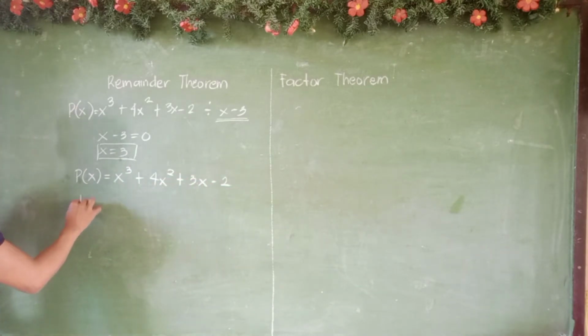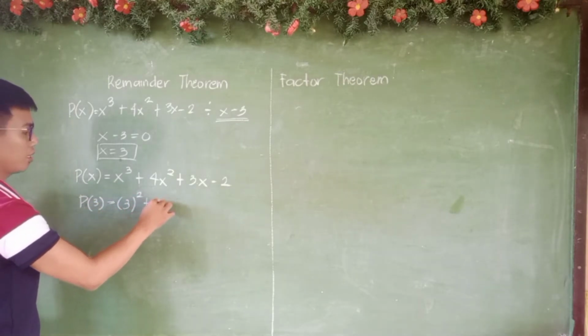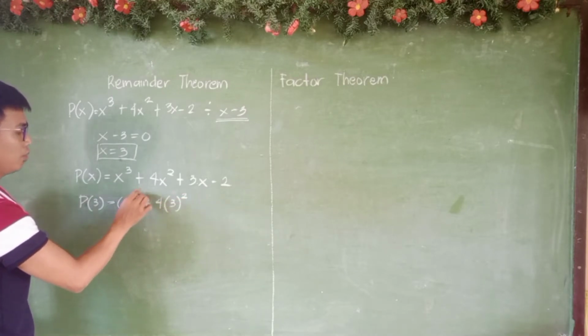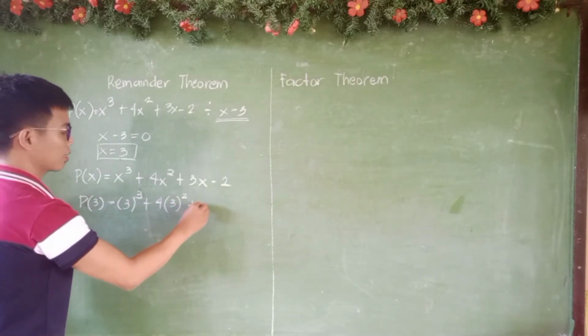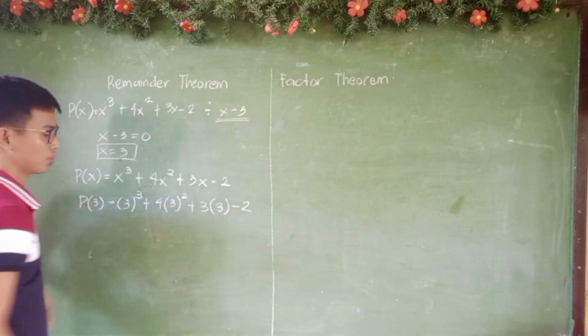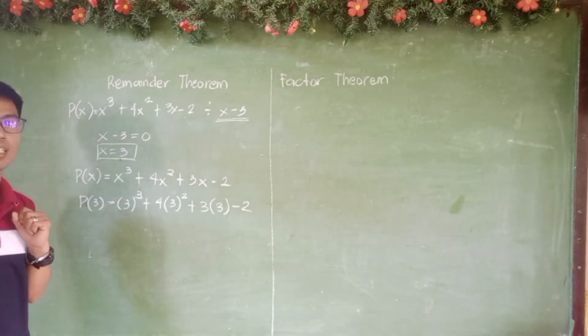So, that will be p of 3 equals 3 cubed plus 4 times 3 squared plus 3 times 3 minus 2. Lahat ng x, napalitan natin ng 3 na nakuha natin dun sa ating divisor.